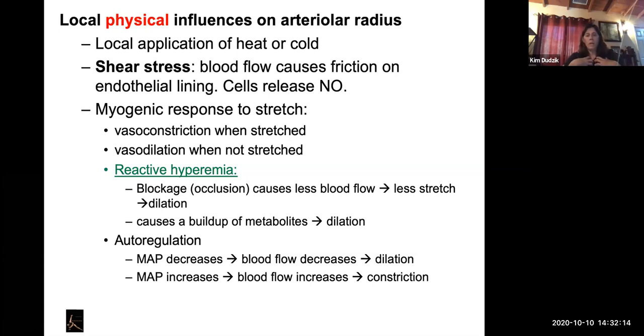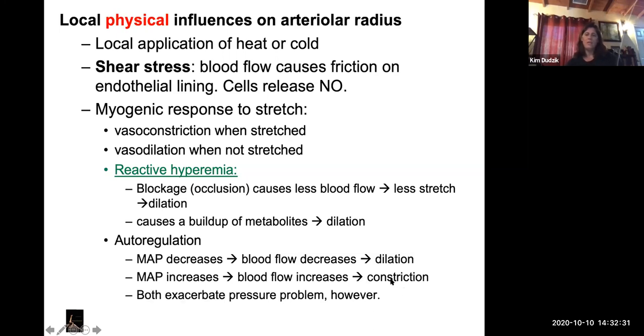But if you have some type of disease situation, maybe atherosclerosis, something like that, and that changes your MAP in the long term, in either of these cases, you can see that this can exacerbate the problem, right? So if the arterioles stay constricted, that increases blood pressure, which is going to continue to increase blood pressure, so you get a positive feedback loop, and that can be bad.